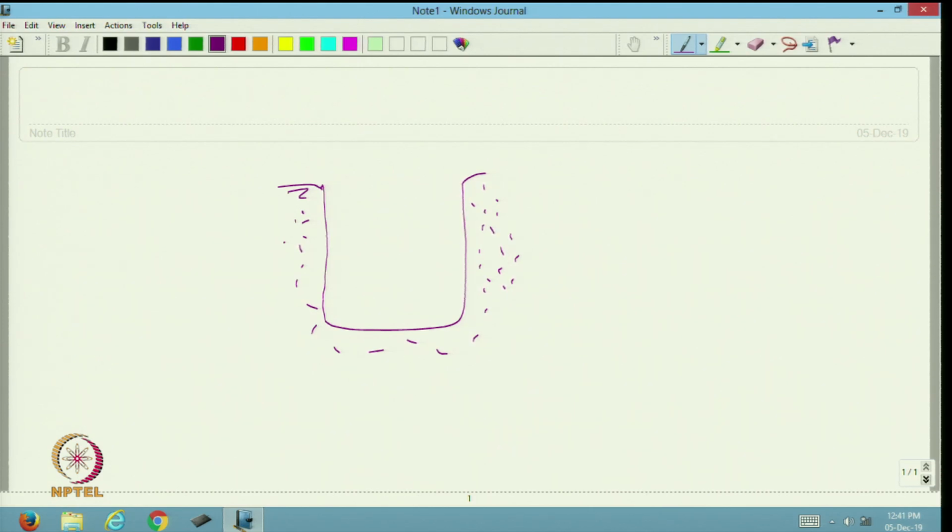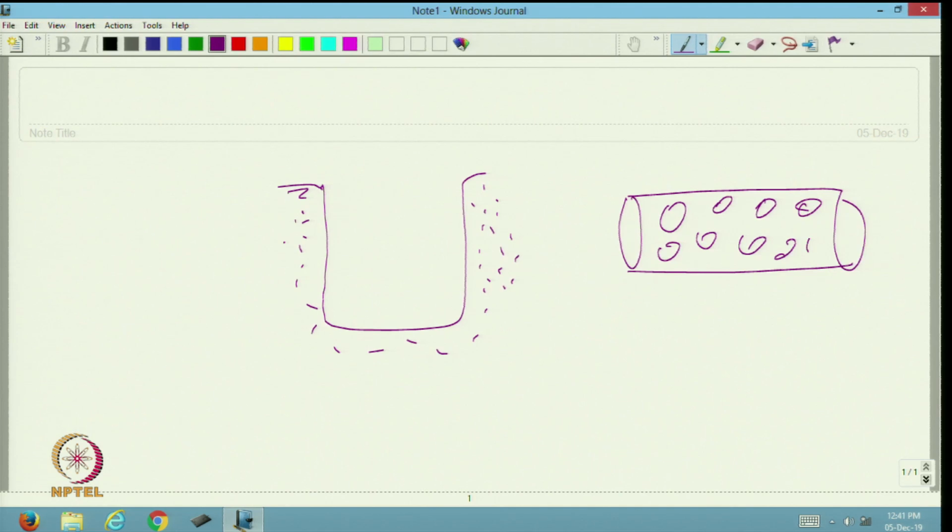Now, here we may sometimes use a perforated pipe. So, this is a pipe with large perforations, or even without a pipe we can use it. Here the geotextile is placed.